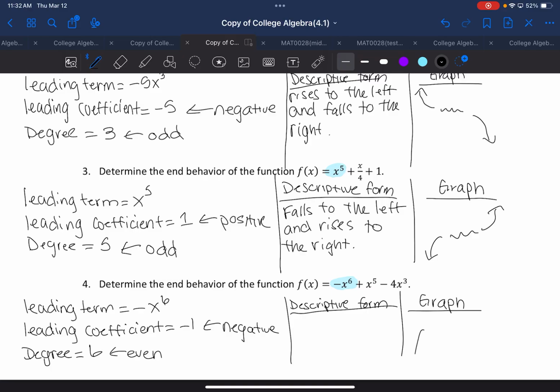So it'll look something like this. And whatever's happening in between, again, doesn't matter. I'm just talking about the ends of the graphs. So descriptive form, this would be falls to the left and falls to the right.